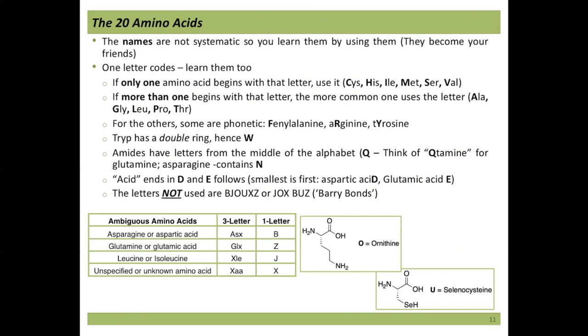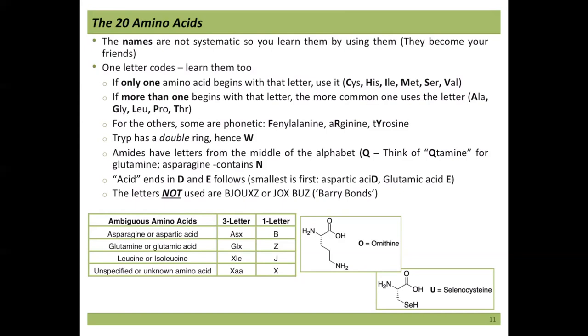But not all is lost because all the other letters are used up. So B is the generic letter if you have asparagine or aspartic acid. Z is the generic letter if you have glutamine or glutamic acid. Leucine and isoleucine, again, similar in structure, so generically, they're referred to as J. If you don't know the amino acid, it is X.